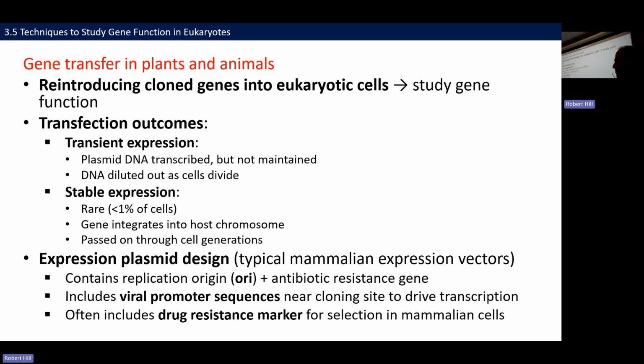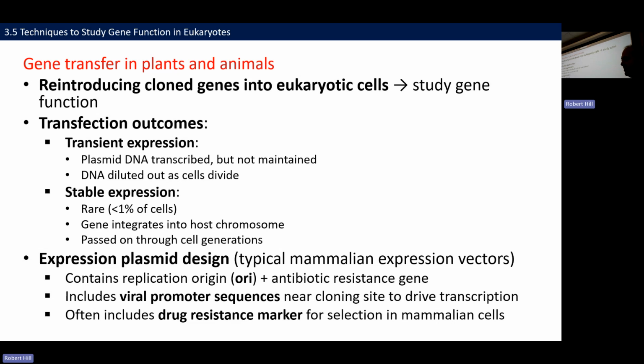Now, the process of introducing foreign DNA into bacteria is generally termed transformation, right? You've transformed the bacteria. When we're putting DNA into eukaryotic cells, we call that transfection, right? So if you see those terms, usually transfection has to do with eukaryotes.